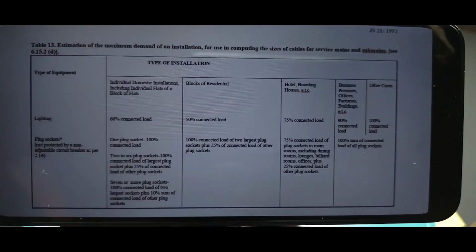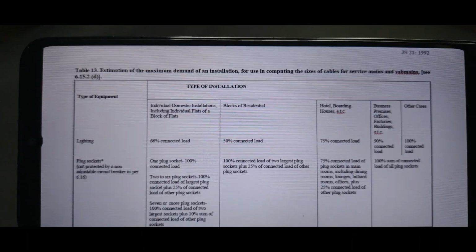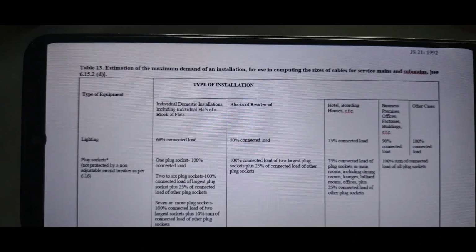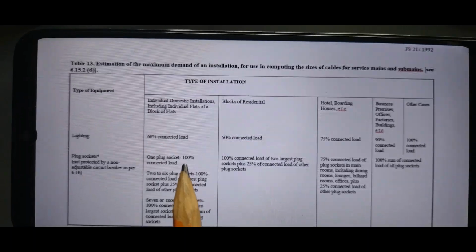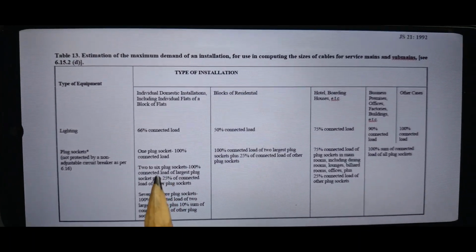It says if it's a single plug socket we're installing, we just rate that at 100%. So if it's a 15 amp, we would just call it 15 amp.